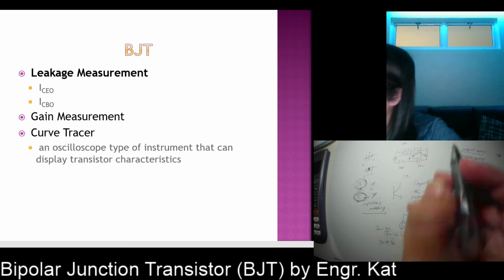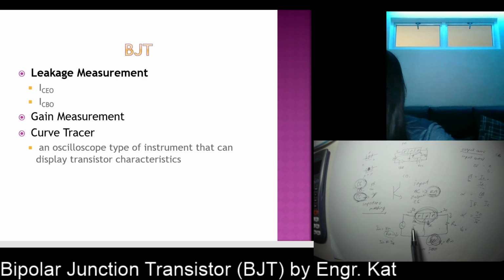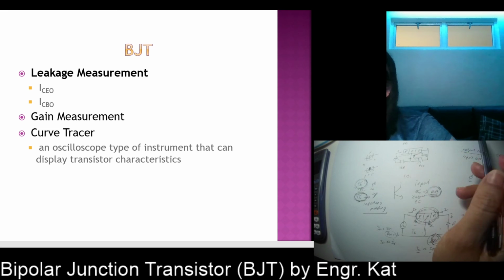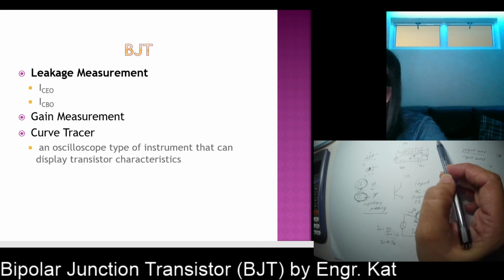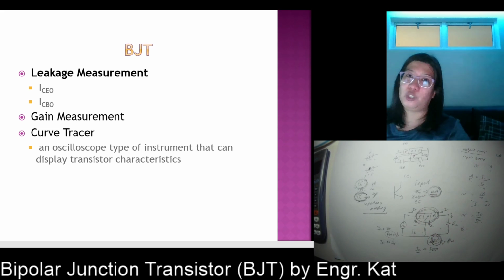So that came from two words, transfer and resistor. We were able to transfer the same amount of current to two areas having different resistances. So same current from low resistance going to the higher resistance. That's why we have transfer resistor. So we have transfer resistor until it became transfer resistance, and then eventually it became transistor. So that is where the term transistor came from.